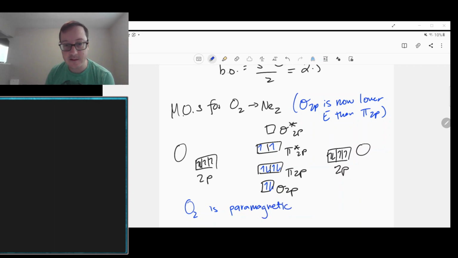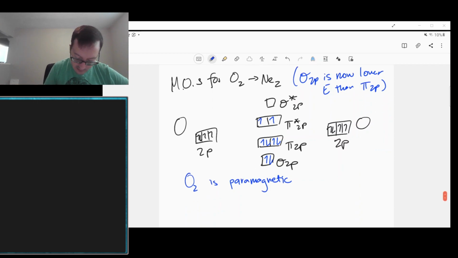By the way, paramagnetic is a weak attraction, right? So when we think of magnets, we're thinking of ferromagnetism. That's a strong attraction to magnets or a strong repulsion to the opposite side of the field. Paramagnetic is a weak attraction. And so we can see what that looks like here.